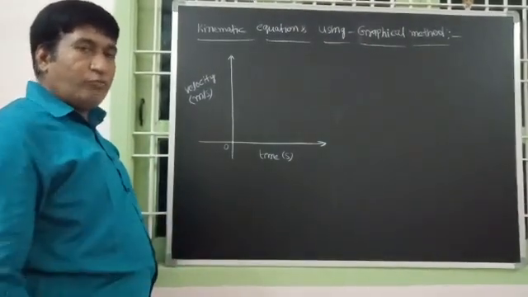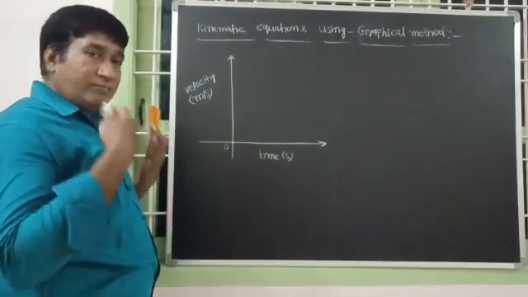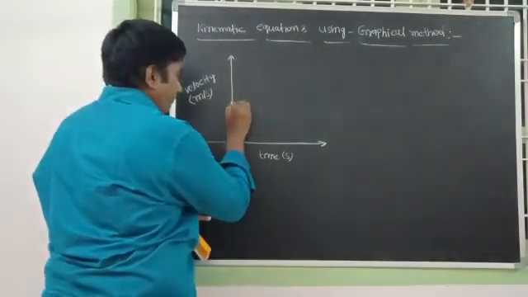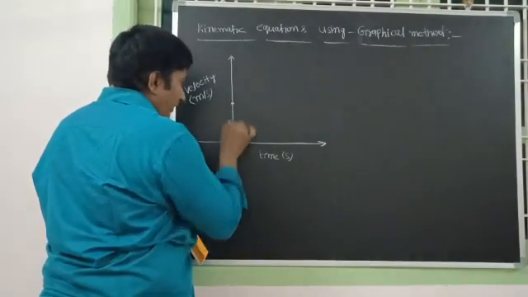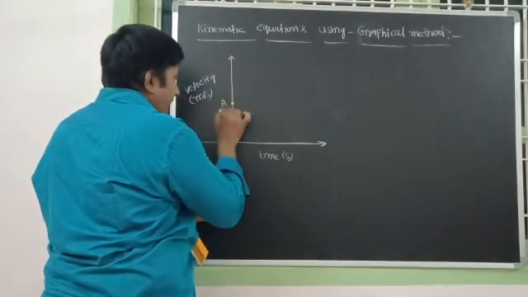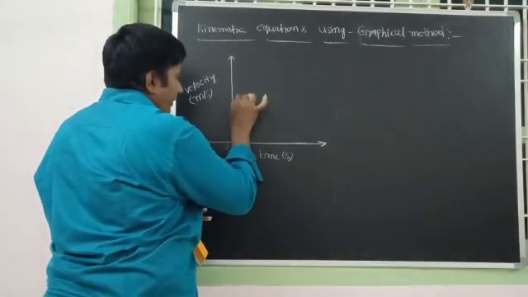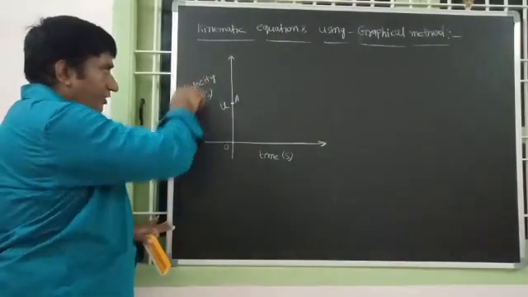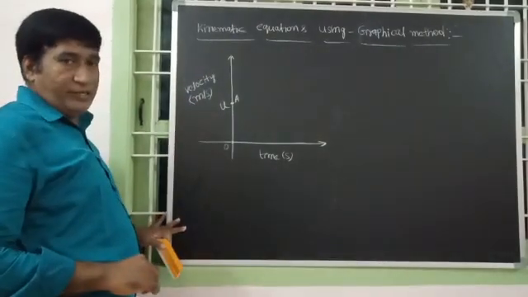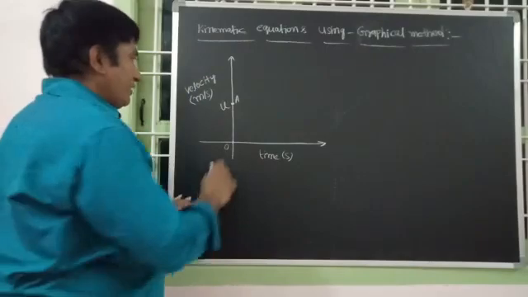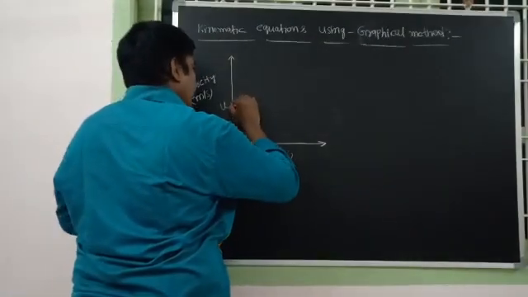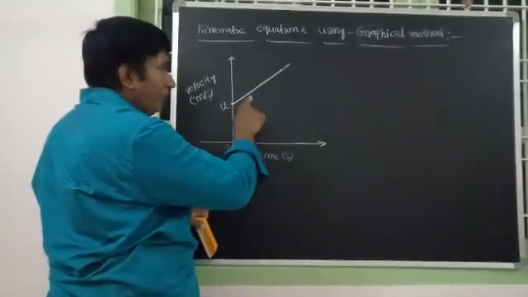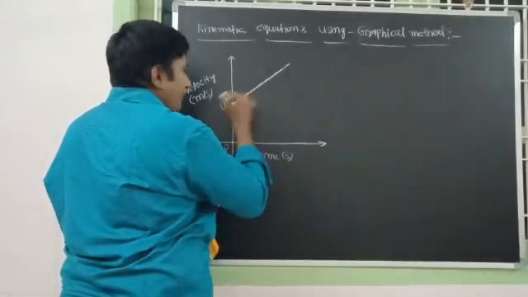Moving with uniform acceleration means it will have some initial velocity at time t equal to 0. So from here to here I take the initial velocity. It is moving with uniform acceleration, which means equal change in velocity in equal intervals of time.